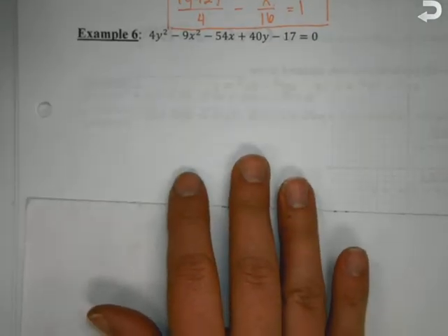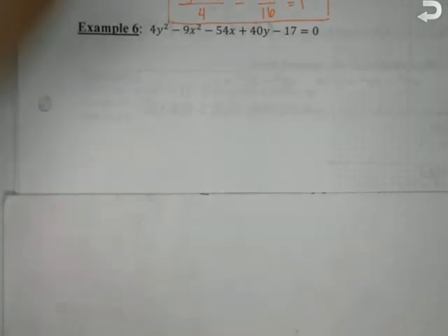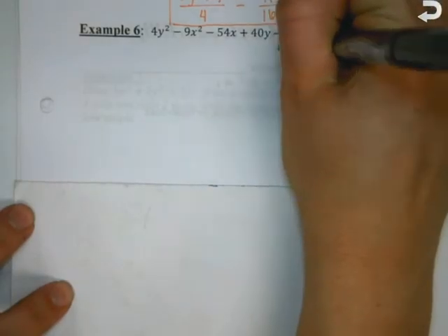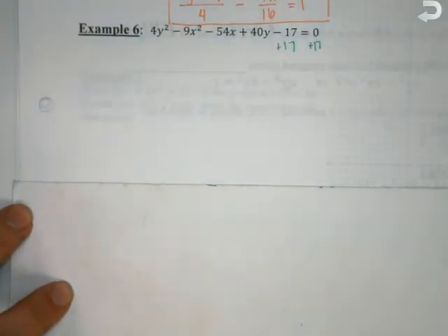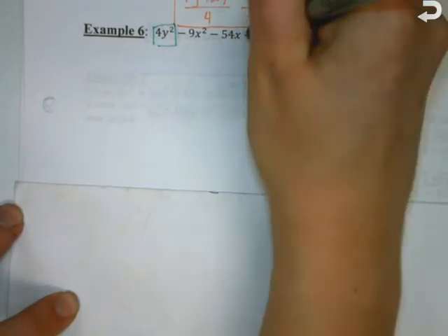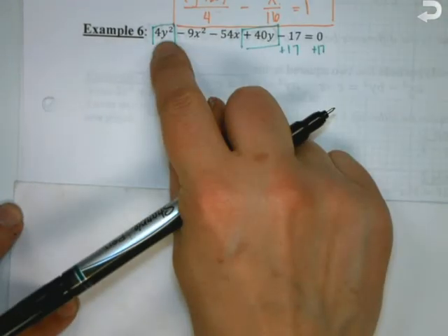I want to add 17 to both sides, and then I want to group them, right? What is going to come first, the y's or the x's? The y's, because y is positive. So that's going to be 4y squared plus 40y plus blank. Okay, and then I have negative 9x squared and minus 54x.